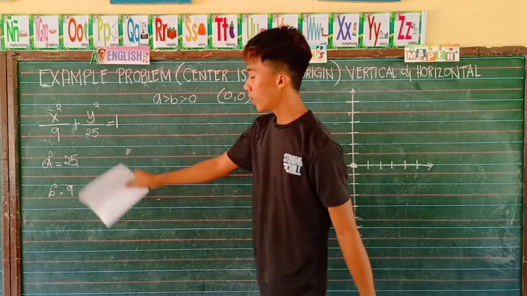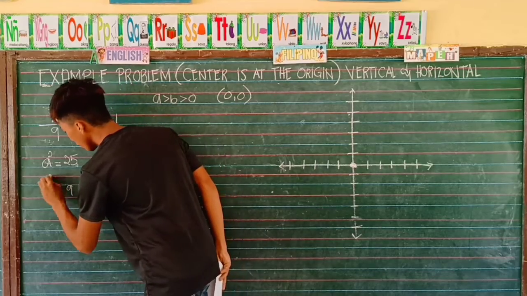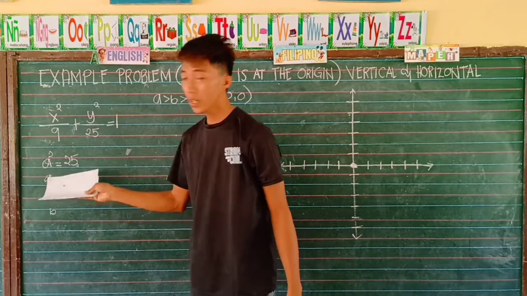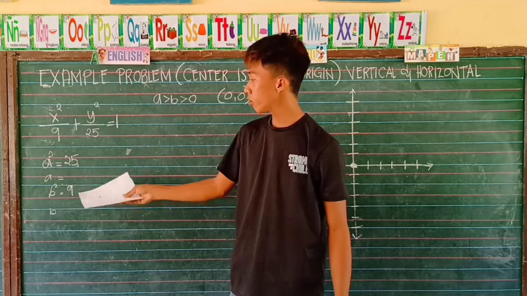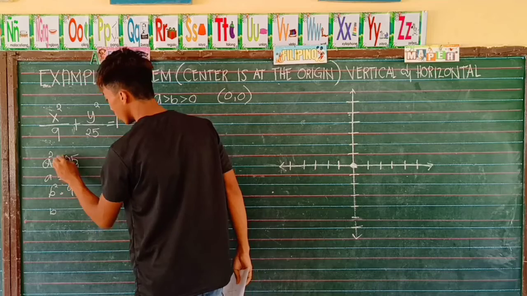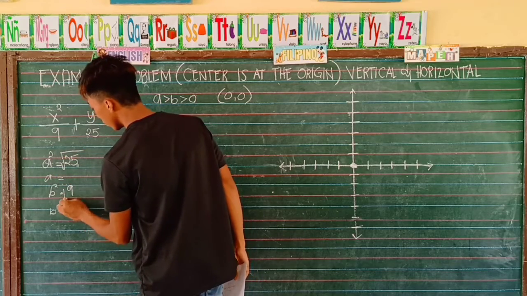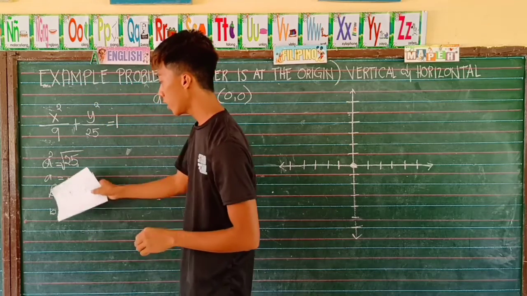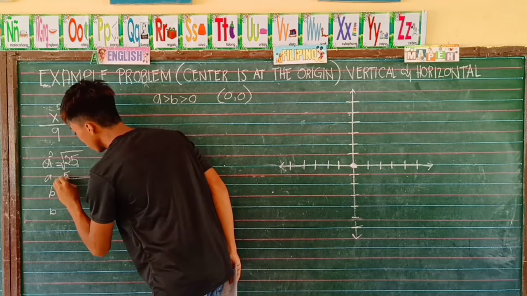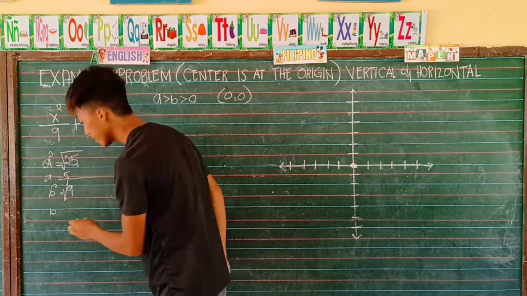So we will find the value of A and B. To find the value of A, ato lang i-square root ang value sa atong A squared, and the value of B squared. Since the square root of 25 is 5, the square root of 9 is 3.